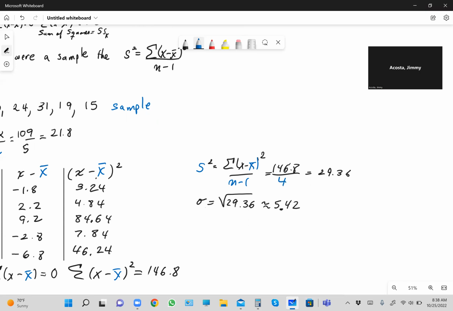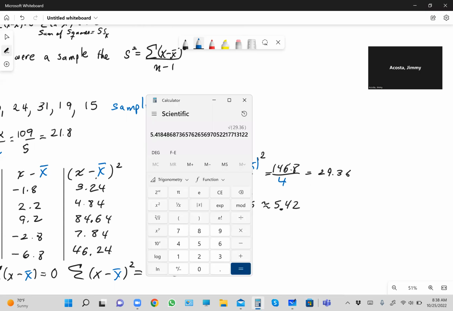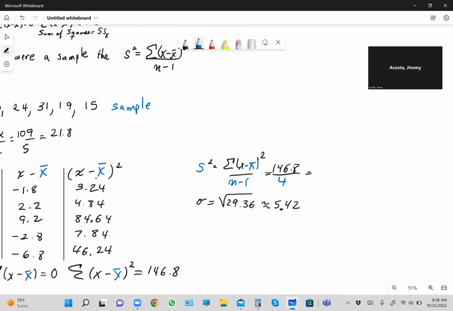And so we take 146.8 and divide that by 4, you get 36.7. So that's if you're doing a sample, 36.7. And now you square root. X bar means the sample mean.